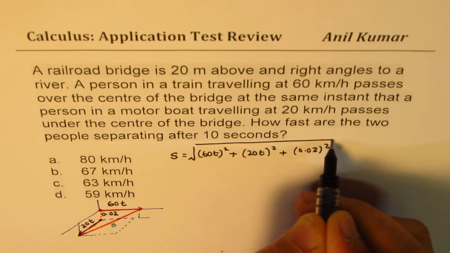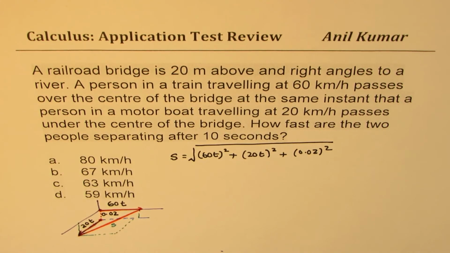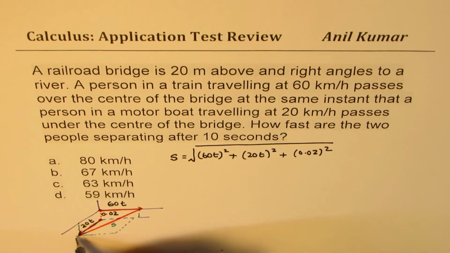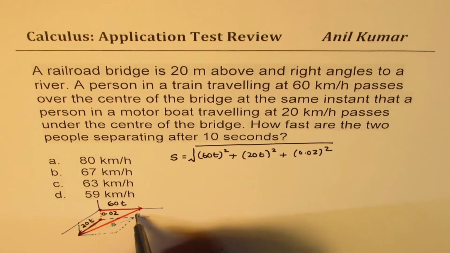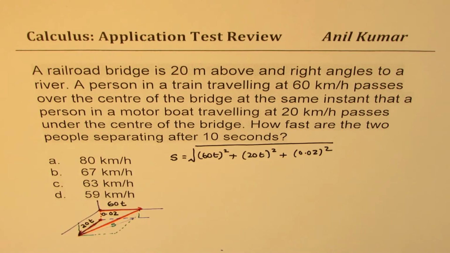Using the distance formula in three dimensions, right? Or you could do it like this also. You could first find x square plus y square, which is this much, right? And then x square plus y square, and then this height square. So either way, you can work it out. So that becomes your formula for separation.